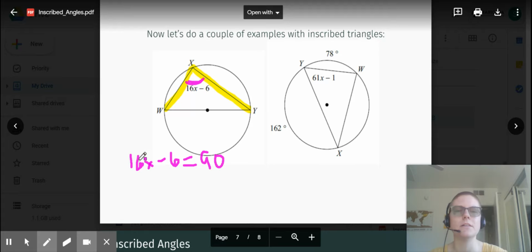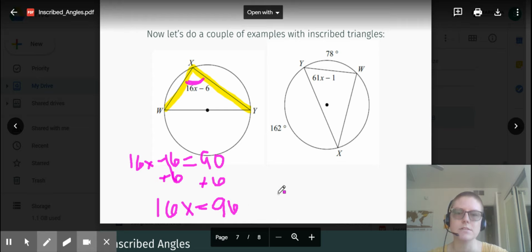So we add 6 on both sides: 16x equals 96. Then we get x by itself, so we divide out that 16.